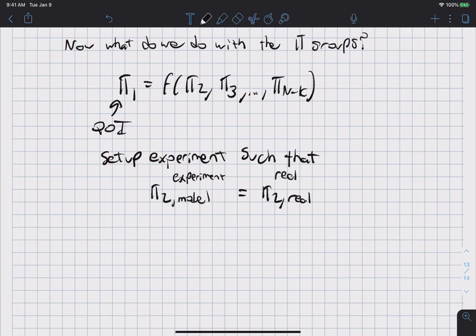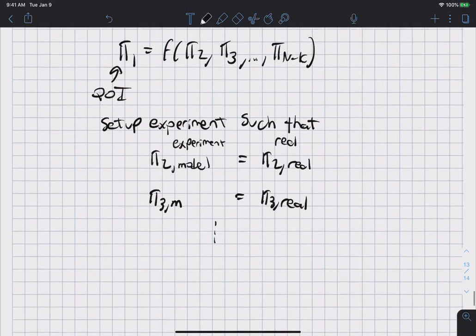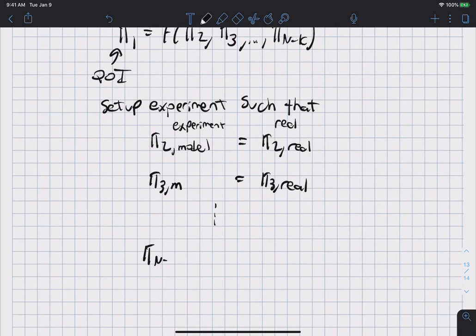And so this is real. Okay, and then you need pi 3 of the model, which I'm just going to call m, is equal to pi 3 of the real object. Okay, and so forth, all the way on to the last pi group, pi n minus k for the model, is equal to pi n minus k for the real object.